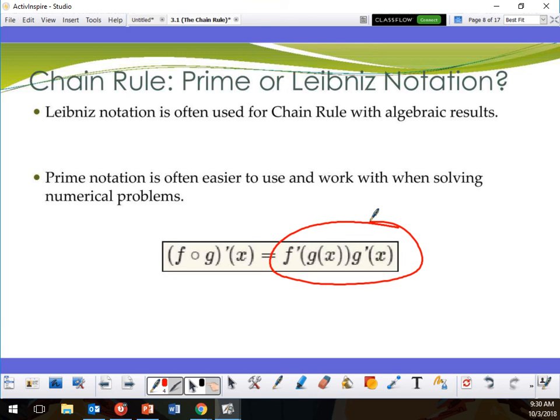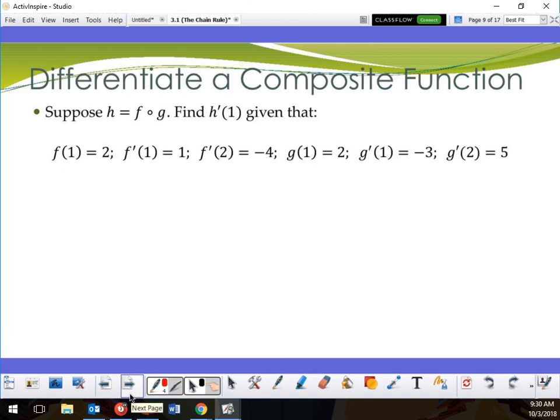Whatever output you get here has to go into the f prime. So it's supposed to be f prime of g of x times g prime of x. I just copied that down.